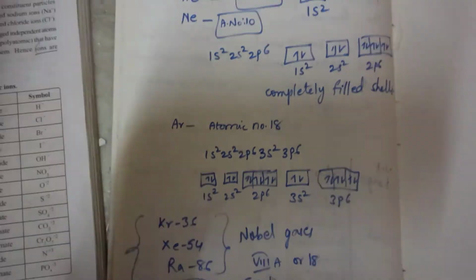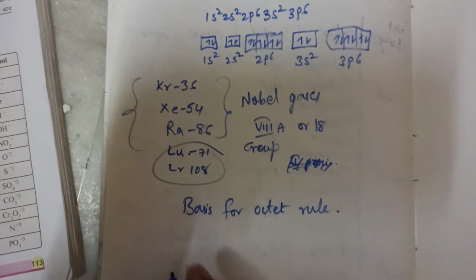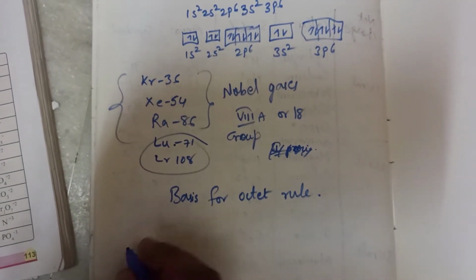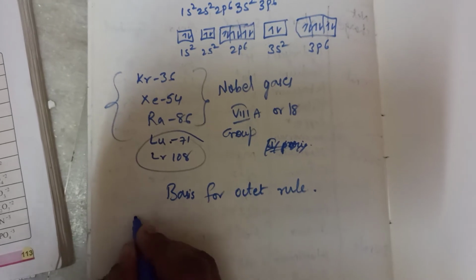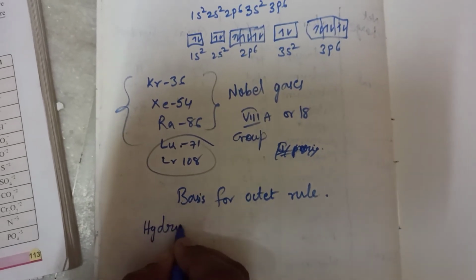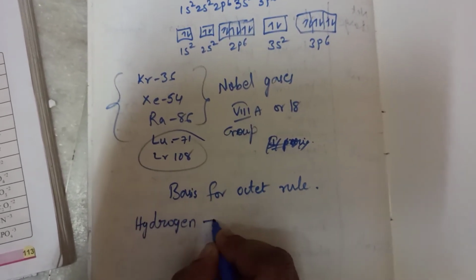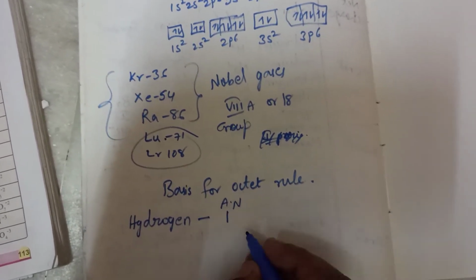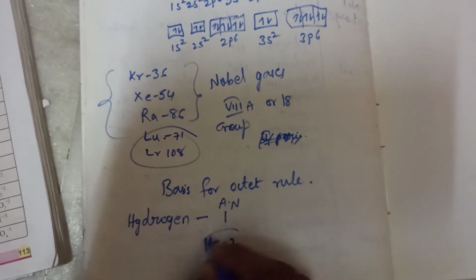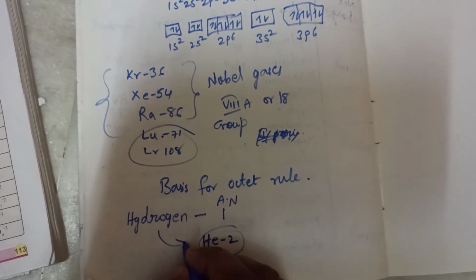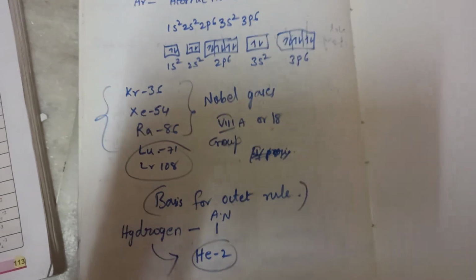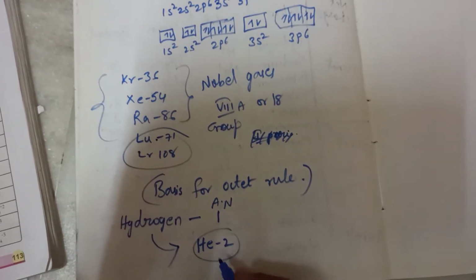So based on this, we can find out the valency of other elements. For example, here we have hydrogen. Hydrogen has atomic number 1, and helium atomic number 2. On the basis of the octet rule, hydrogen wants to get a noble gas configuration.